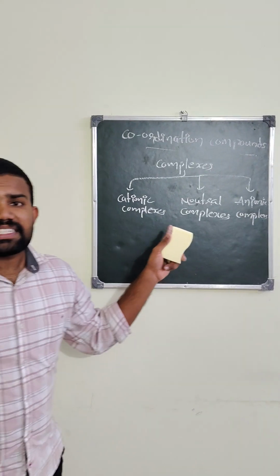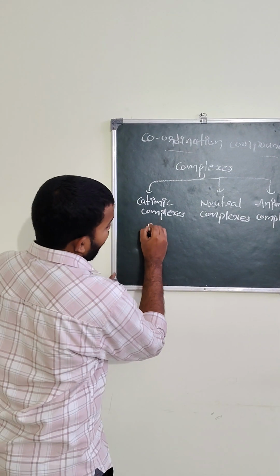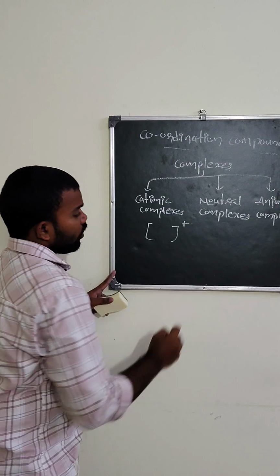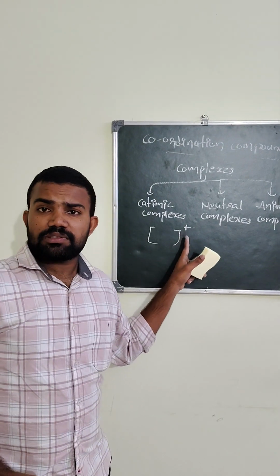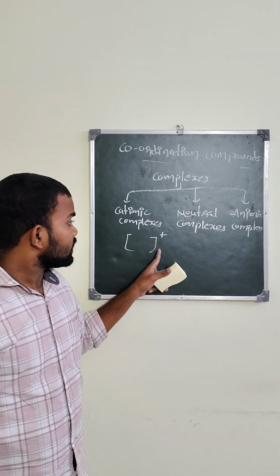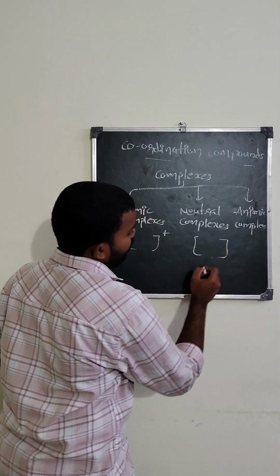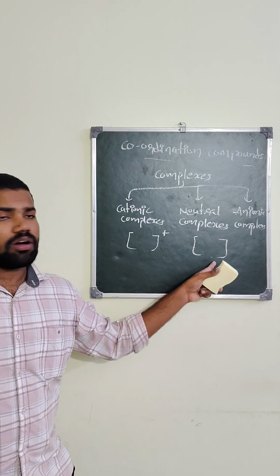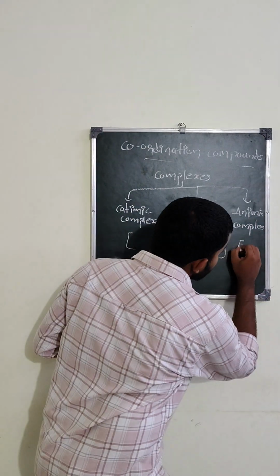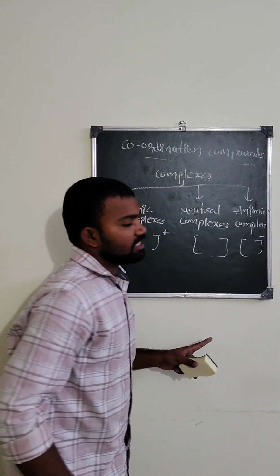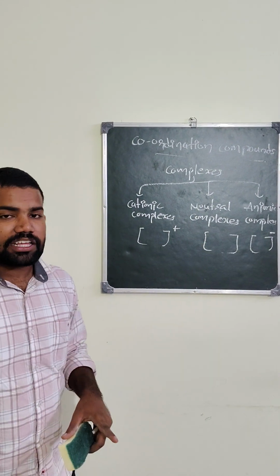So what are cationic complexes? If positive charge is present on the coordination sphere, that is called cationic complexes. If there is no charge present on the coordination sphere, that is called neutral complexes. If there is negative charge present on the coordination sphere, that is called anionic complexes.